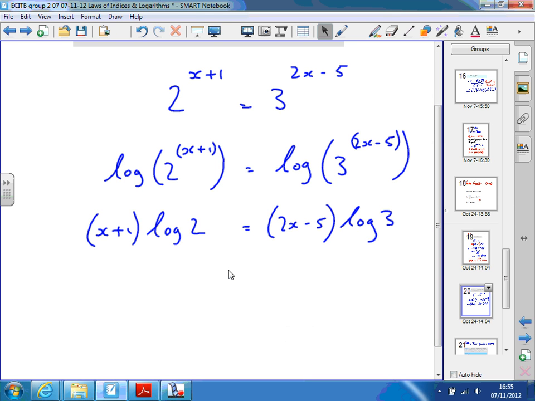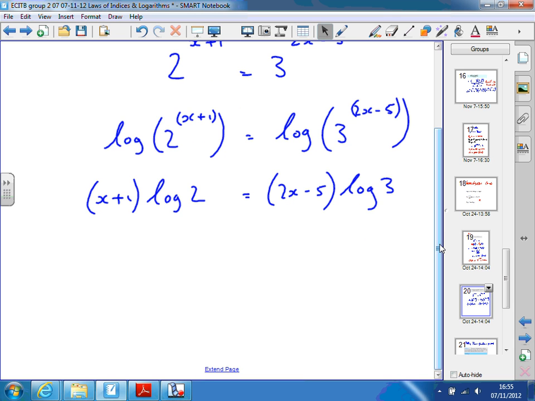At this point, I could multiply out the brackets. But remember, log 2 is a number, and we want to hold that number to 4, 5, 6 significant figures. So if I were to multiply out this bracket, and I have quite long decimal numbers in here, it would work, but the accuracy might suffer a bit, and it would certainly be a bit more difficult to work with. So what I could do is divide both sides by log 3 to get rid of the log 3 on this side, or divide both sides by log 2 to get rid of the log 2 on that side.